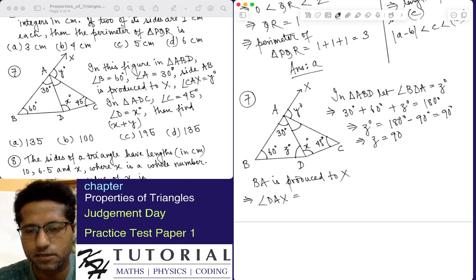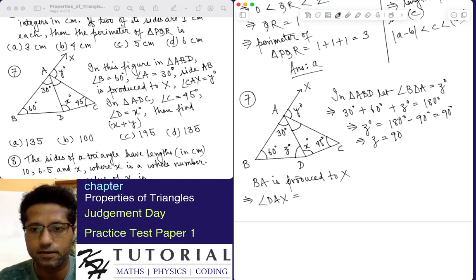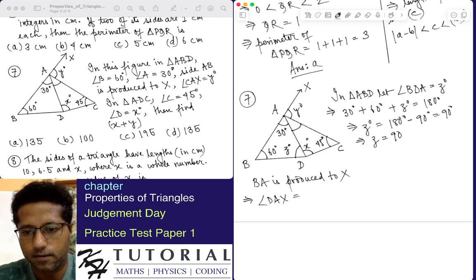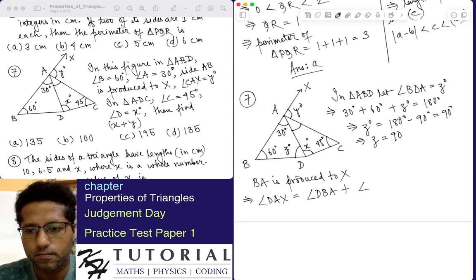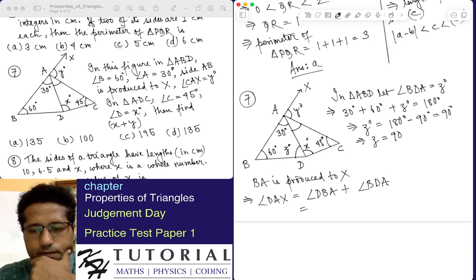Once the side BA is produced to X, we get the exterior angle DAX. It should be equal to the sum of its two opposite interior angles, angle DBA plus angle BDA.